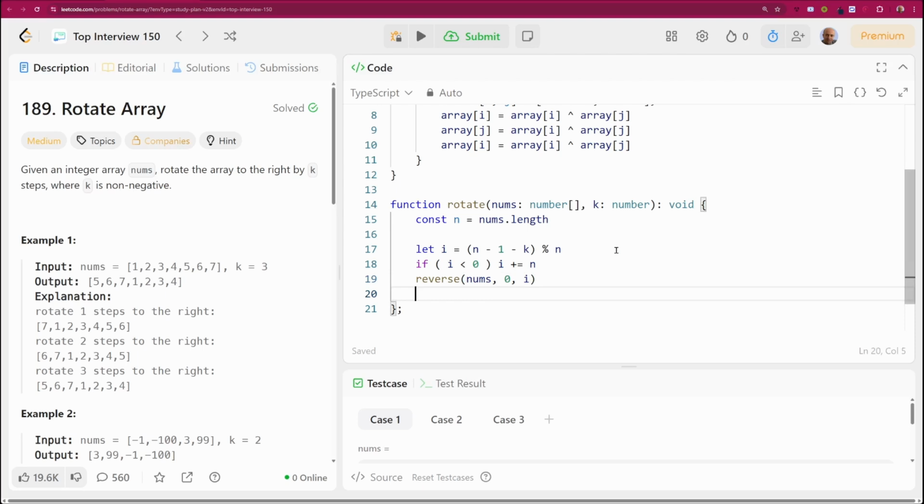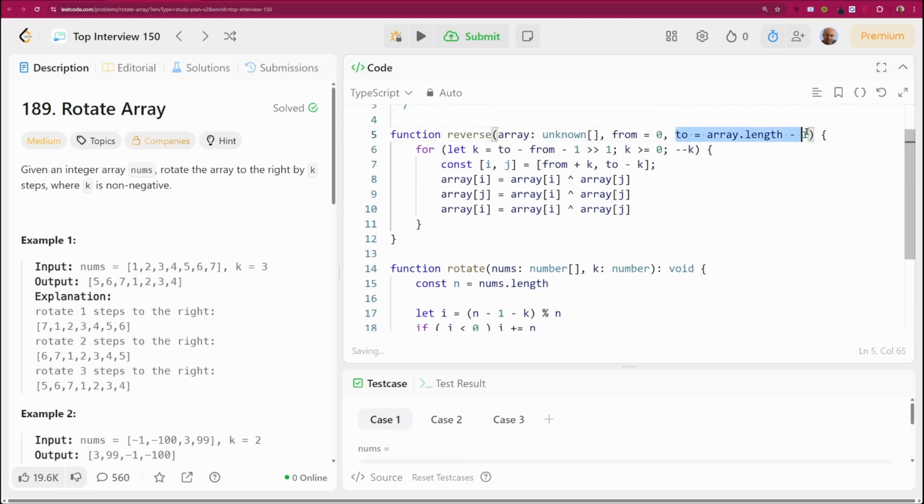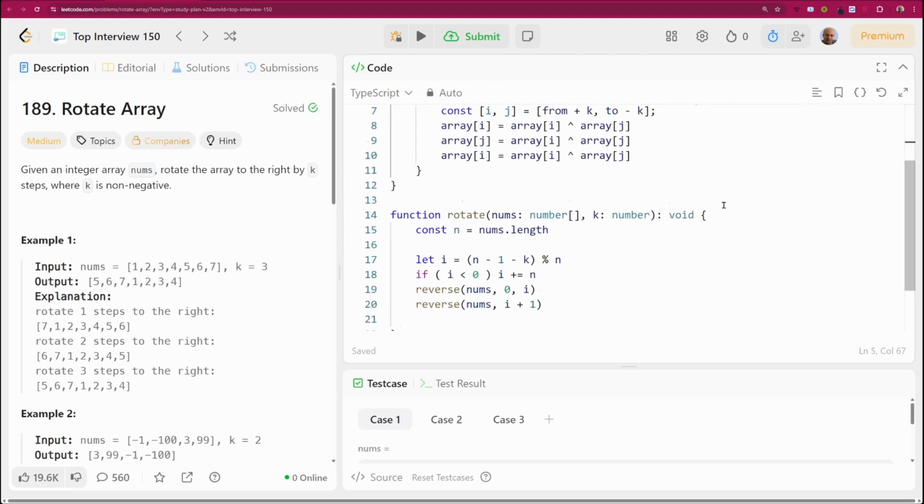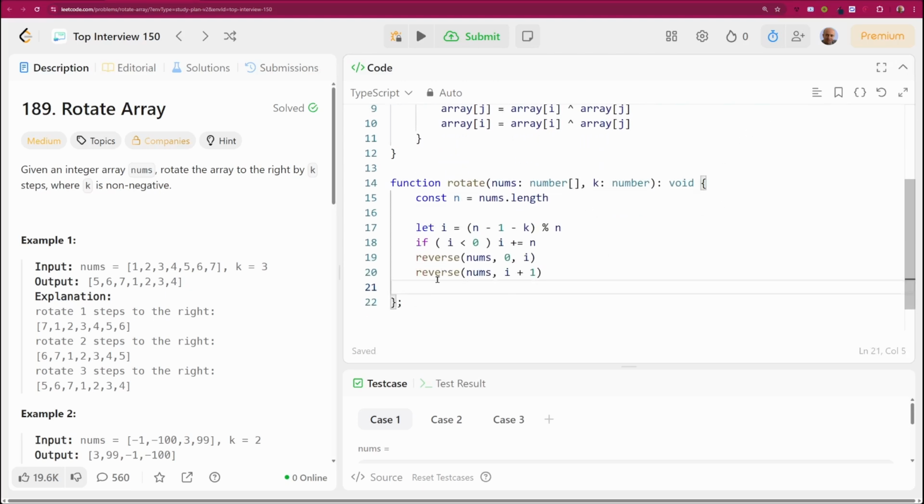So let's go back. The next reversal is reverse nums starting from I plus 1 and to the end. I can skip the last parameter because, as you remember, it will automatically be the end of the array. Now, question mark here, because if this exists or doesn't exist, we have to think about this one.